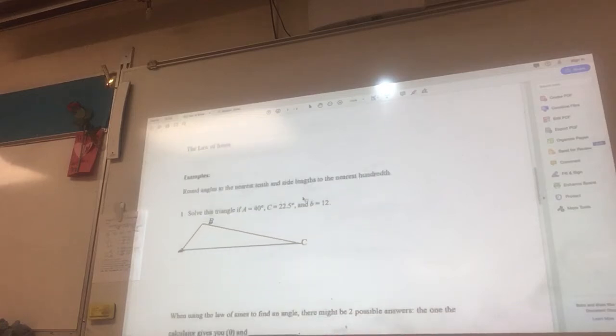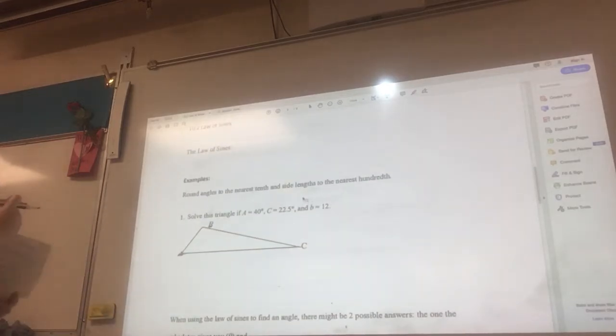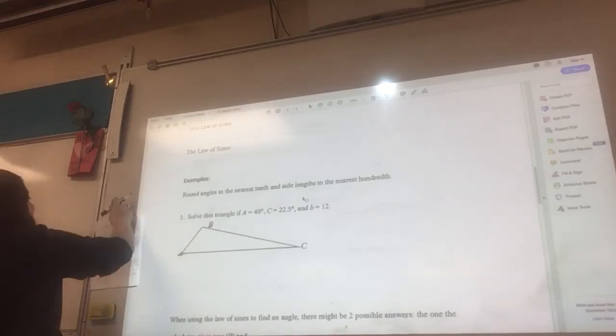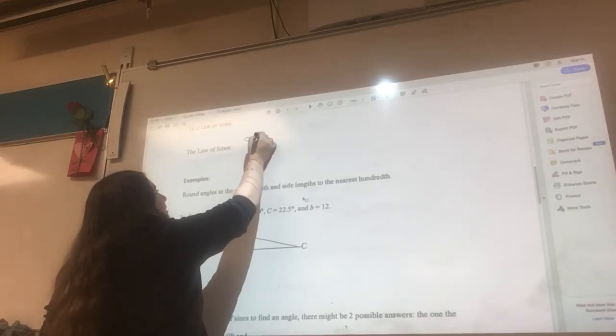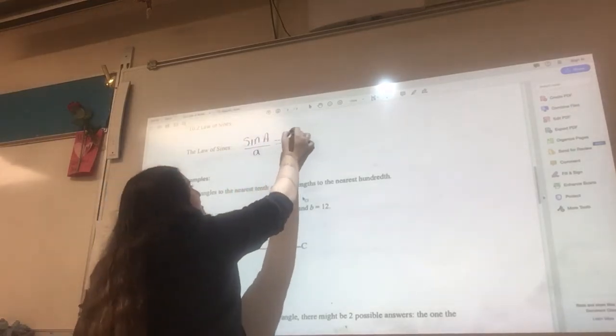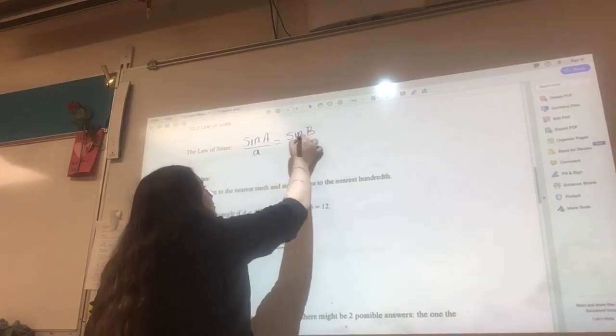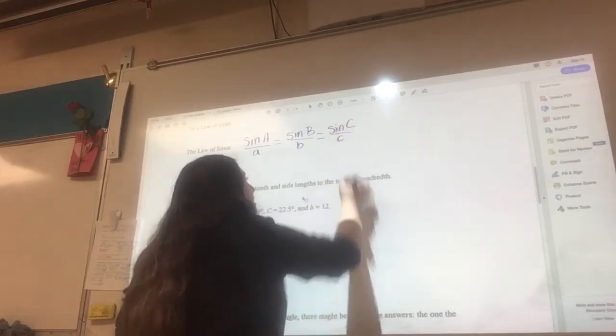So what this all comes down to is the property of law of sines. Law of sines says that for any triangle, I can use this formula: sine of angle A over little a equals sine of B over little b, which equals sine of C over little c.